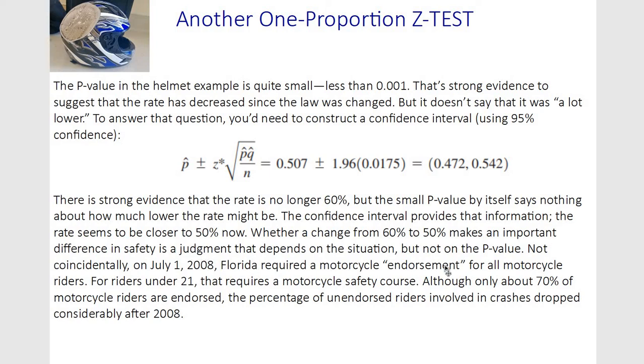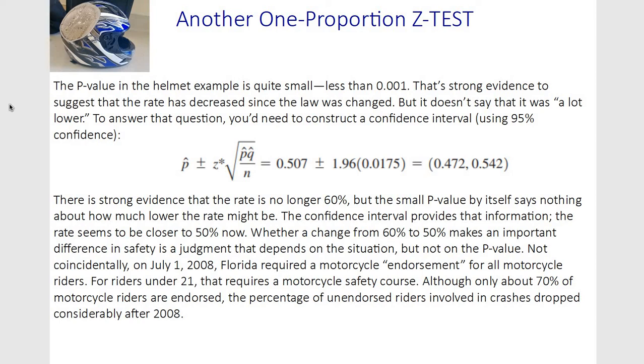In this case, you're talking about helmets that save lives. So guess what? Florida required a motorcycle endorsement to get people to not have these crashes. You're trying to make this not a thing. So keep in mind that your explanation, your description of your p-value and your confidence interval is always based on the context, the example.